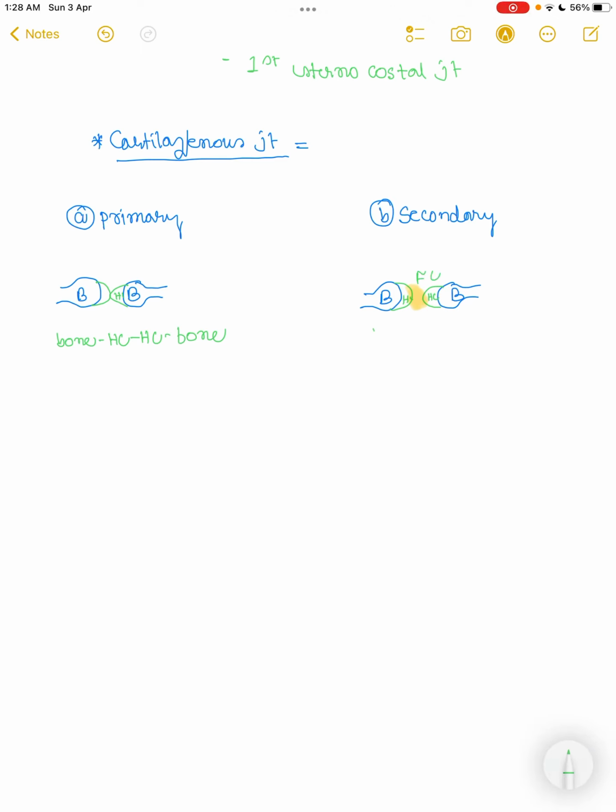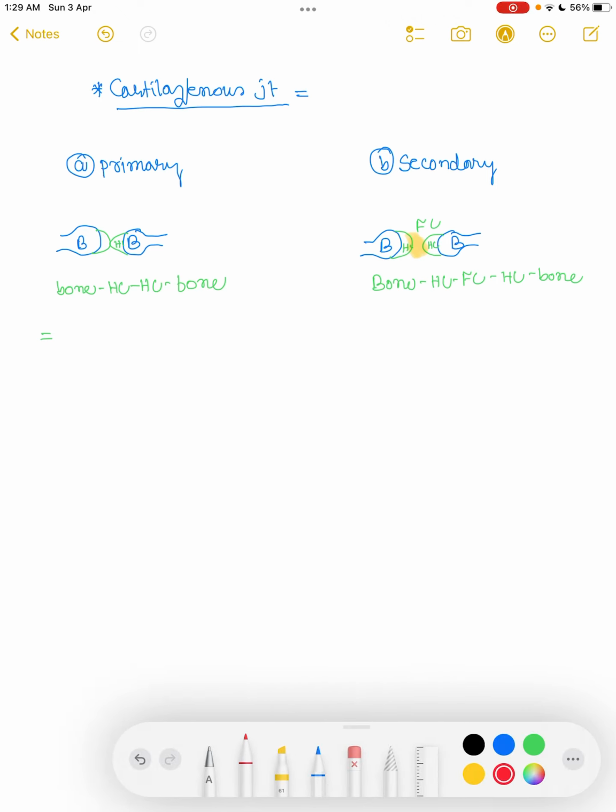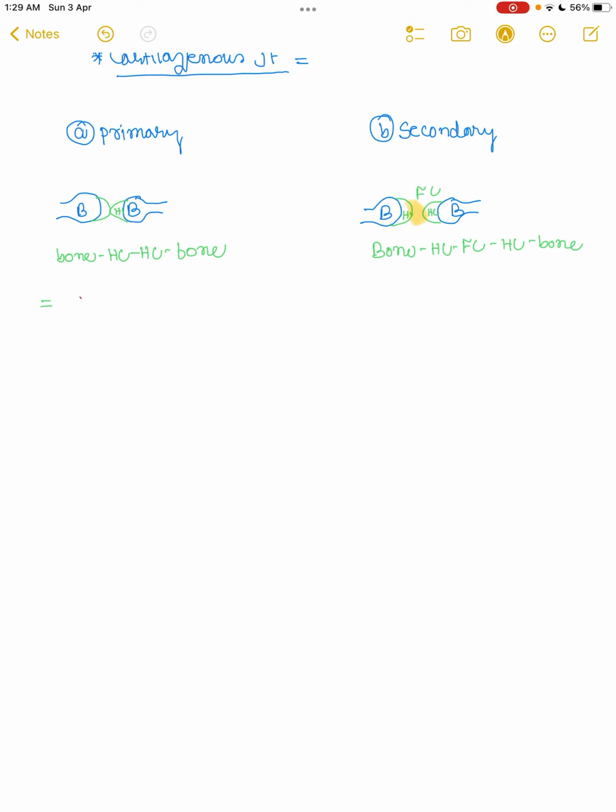So this is bone, hyaline cartilage, fibrous cartilage, hyaline cartilage, bone. Okay, and what are the examples? The primary is called synchondrosis, and the secondary is called symphysis.